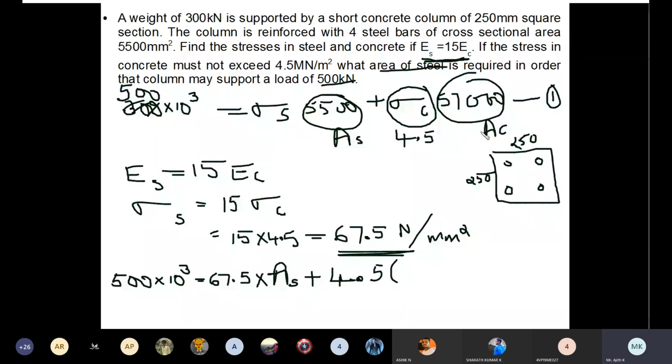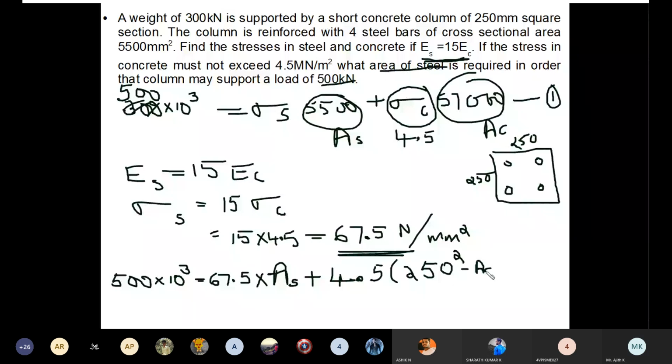Then what will be the area of concrete? Area of concrete is obtained by total area minus area of steel. So the total area is 250 into 250, 250 square, minus area of steel, which is unknown.